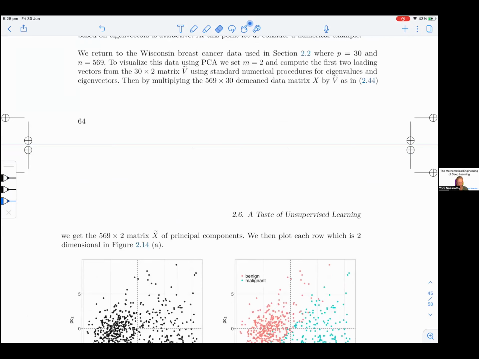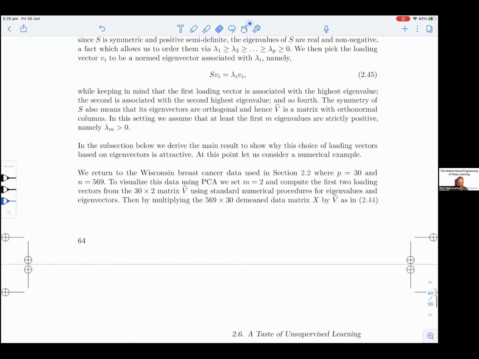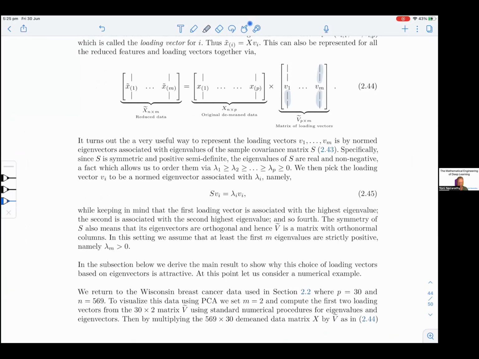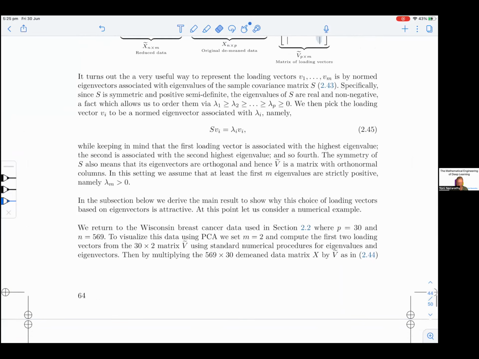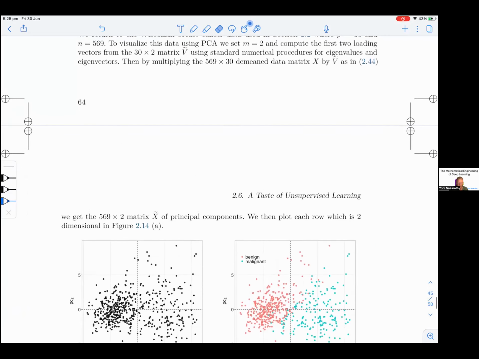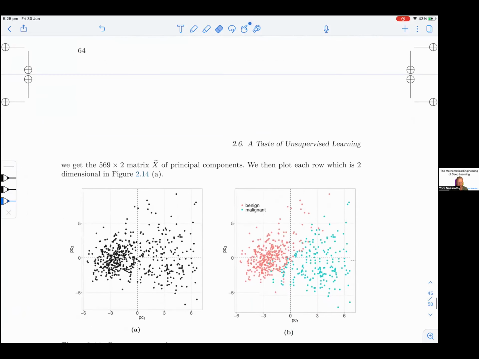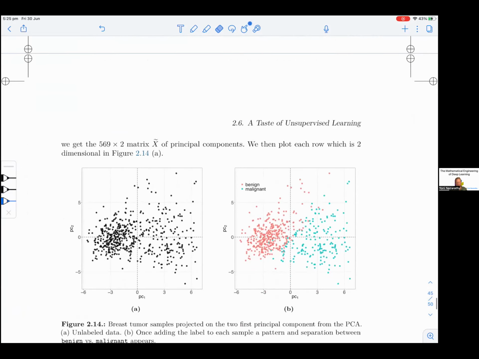Then by multiplying the 569 by 30 demeaned data matrix X by V tilde, which is 30 by 2, as in 2.44, we get the 569 by 2 matrix X tilde of principal components. So a much thinner matrix.